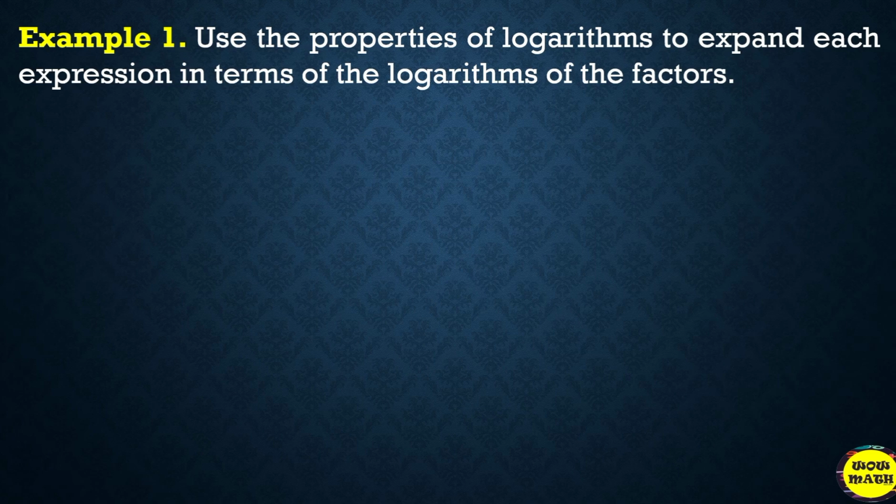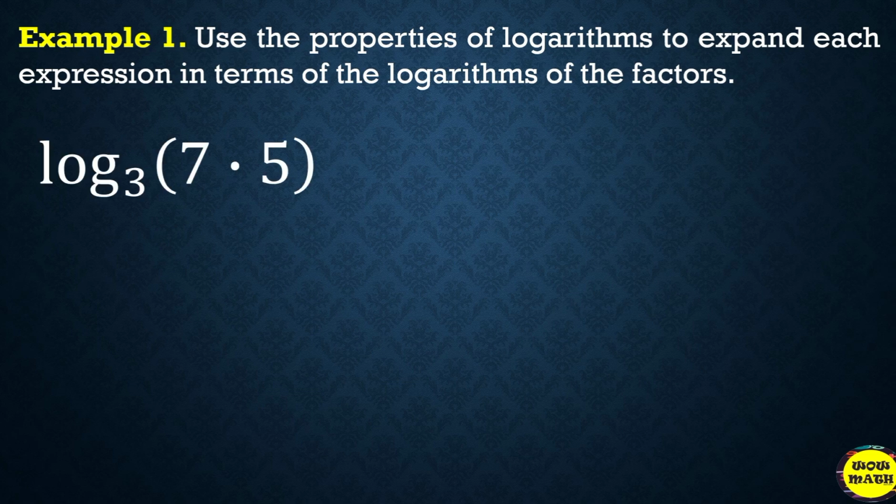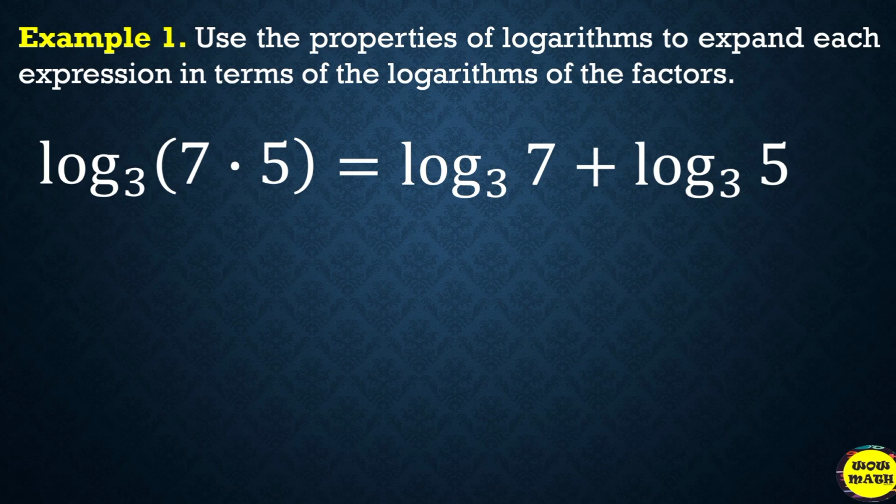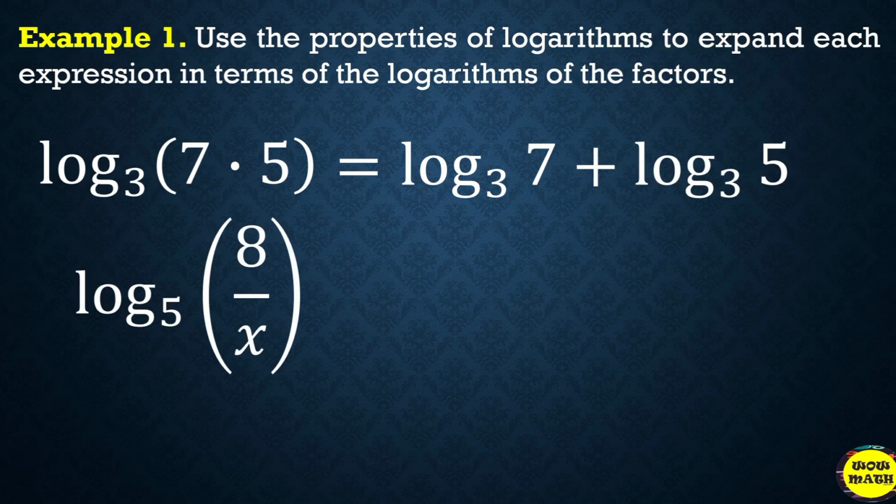Okay, I'll give you more examples. Use the properties of logarithms to expand each expression in terms of logarithms of the factors. For example, we have logarithm of 7 times 5 with base 3. We are going to use law number 1. So logarithm of 7 with base 3 plus logarithm of 5 with base 3.